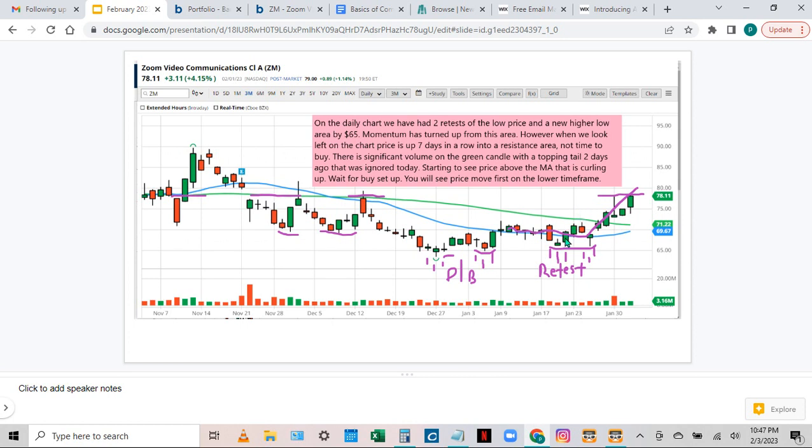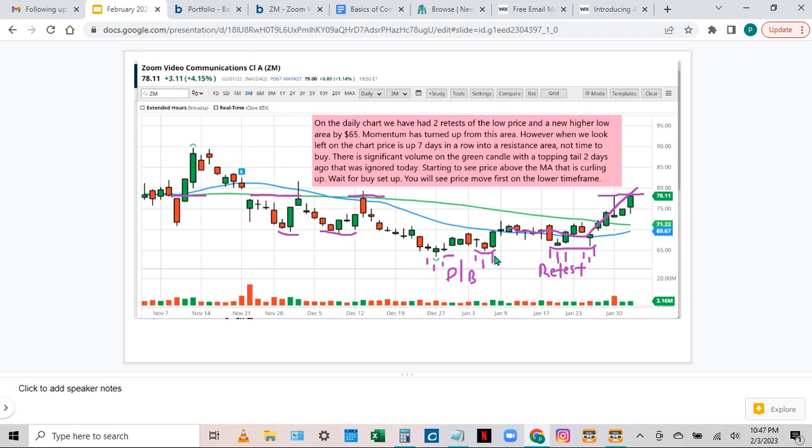It came up, and then it retested that same area. Again, another 3-bar turn with a closing gap up, which started this move higher. So this went 1, 2, 3, 4, 5 days up in a row, up to this little resistance area right here where these lines are. See how that line matches up at about $78?